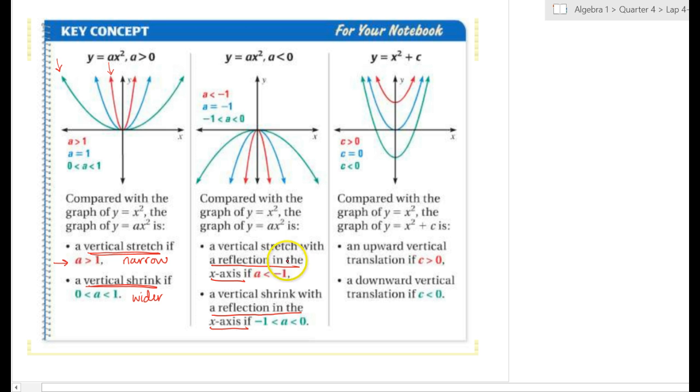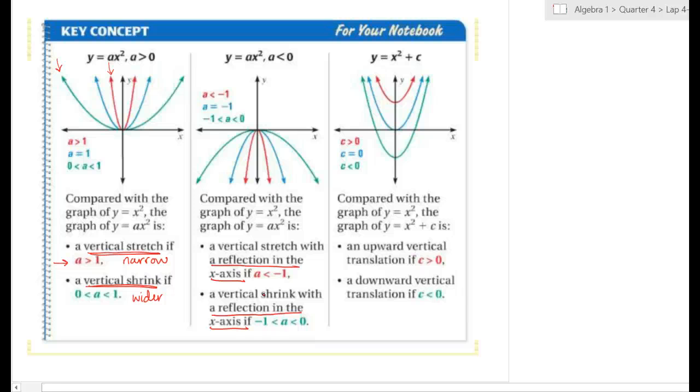So this red graph in the middle is a vertical stretch because it's narrow with a reflection in the x-axis because it's been flipped upside down. And we see that that happens when a is less than negative 1. We have a vertical shrink, so wider, with a reflection in the x-axis if a is between negative 1 and 0. So it's a fraction that's also negative.